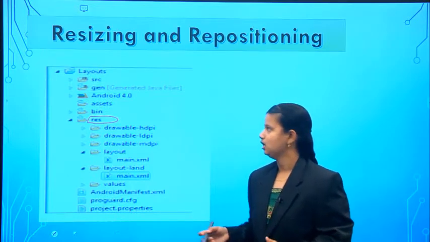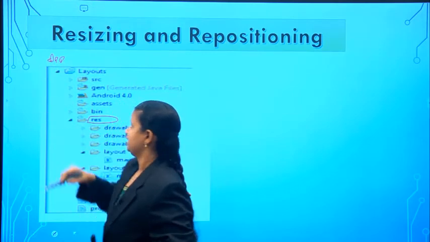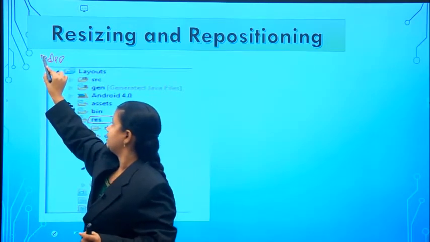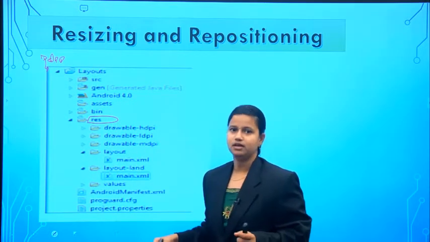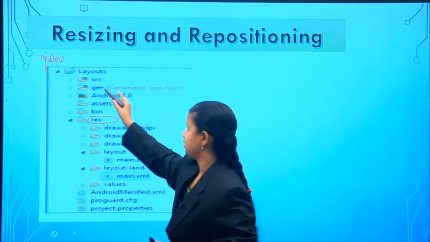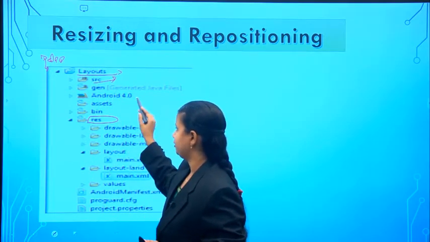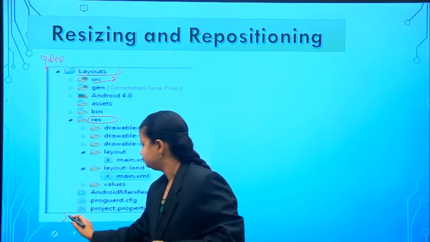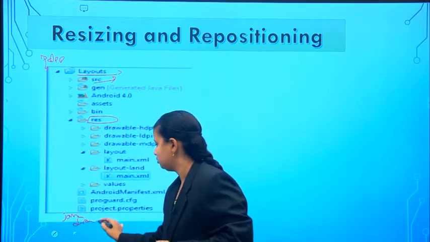When you click on the application, it displays the different files available in it: layouts, SRC, Android 4.0, different Java files, and drawable files.